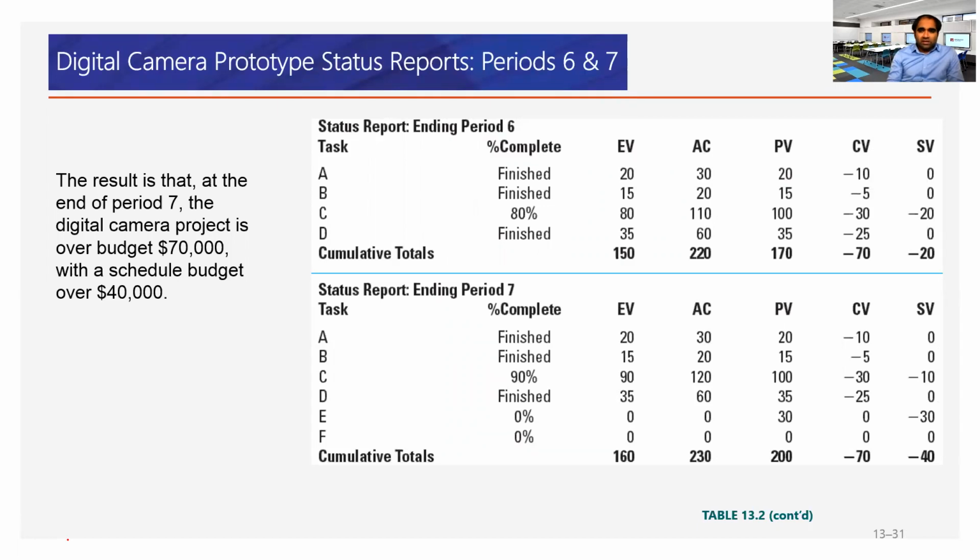By end of period 7, we have a cost variance of -70, so $70,000, and a schedule variance of -40.